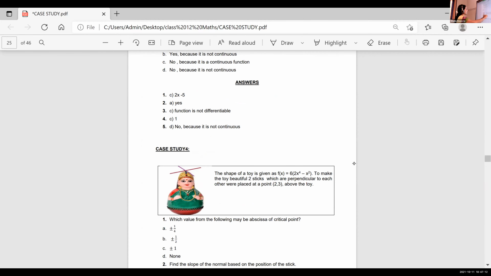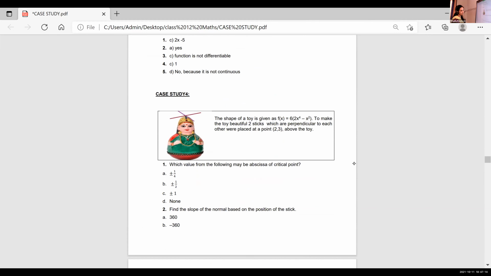Okay, look at the question. Case study question 4. The shape of the toy is given as f of x is equal to 6 into 2x raised to 4 minus x square. To make the toys beautiful, 2 sticks which are perpendicular to each other were placed at the point 2, 3 above the toy.